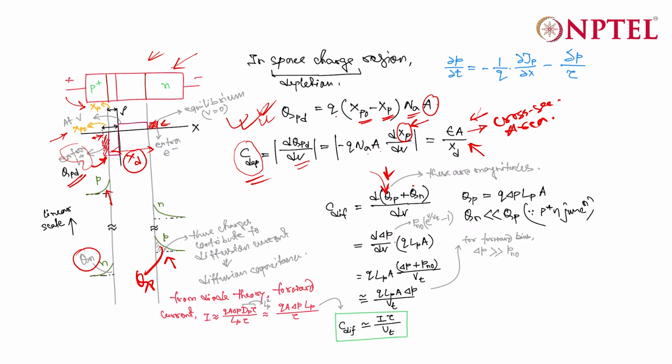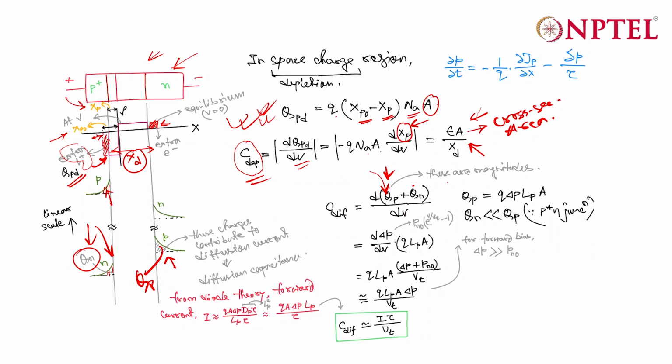Please try to understand, in this case the charges here are equal to the charges over here. Both charge magnitude wise, this area and this area are constant. That's why we consider Qp plus Qn rather than considering both of them. So your expression is dQp plus dQn divided by dV.